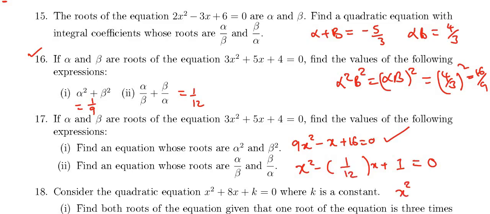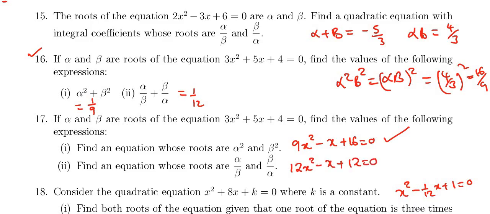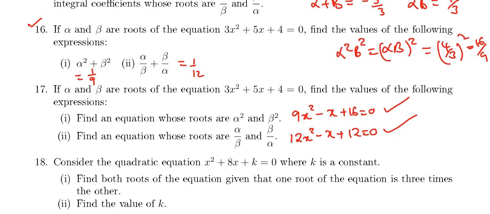So meaning this will just be that, then plus 1 is equal to 0. We can multiply throughout by 12. So this is going to be 12x squared minus x, then plus 12 is equal to 0. So that's what you get. So this is going to be your answer for number 17.2.